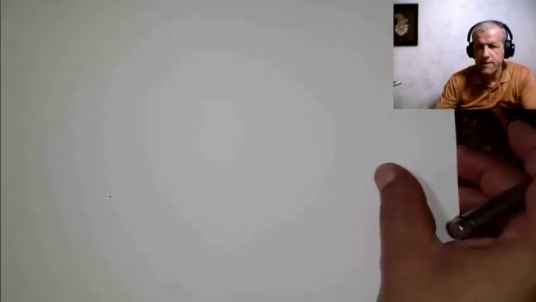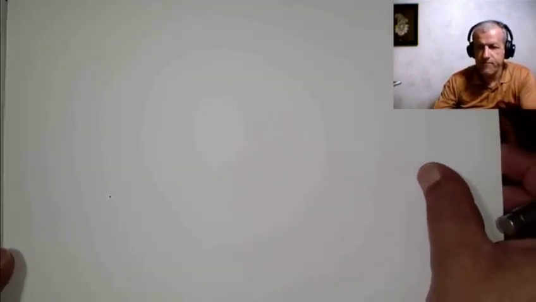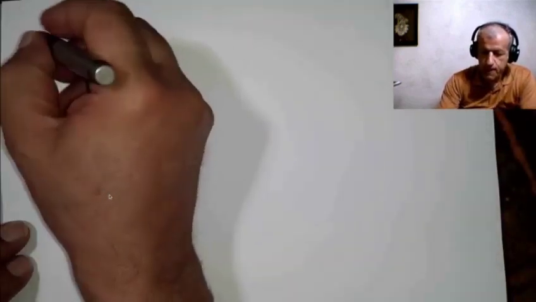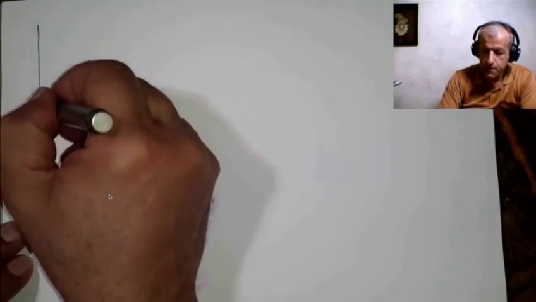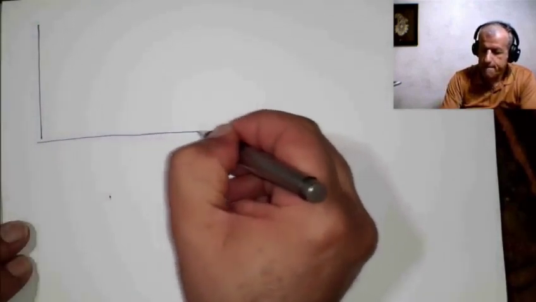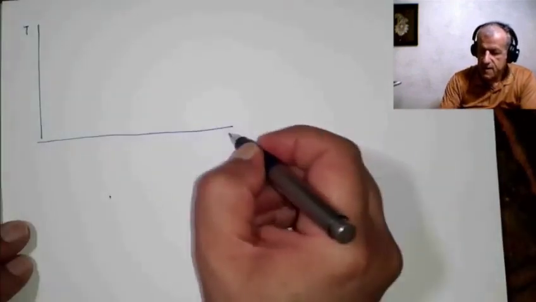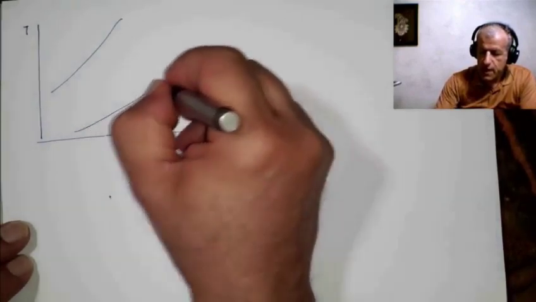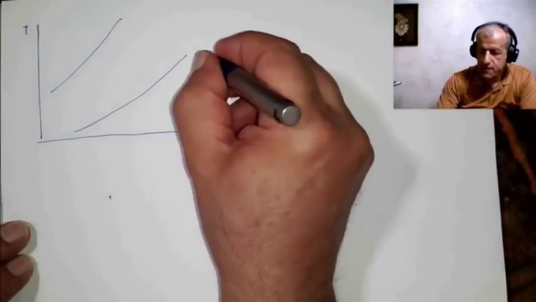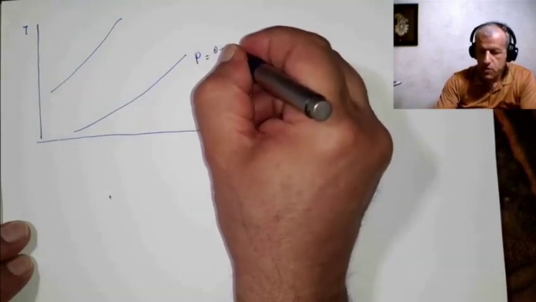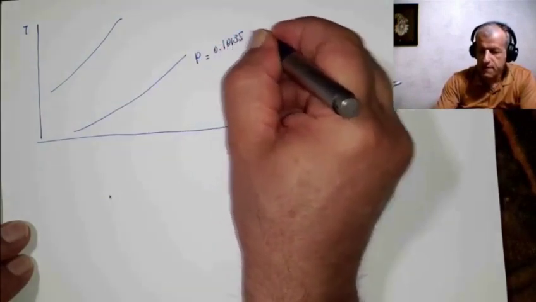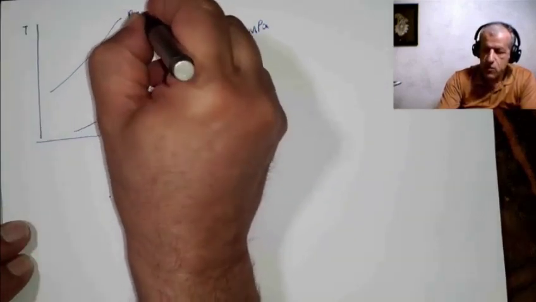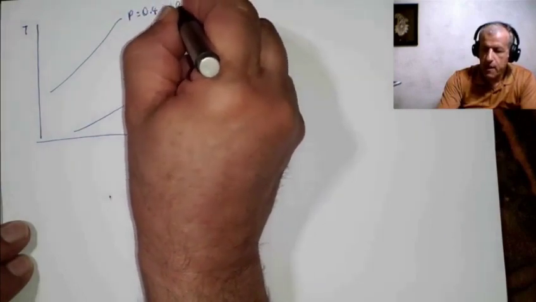Our diagram is a TV diagram, which is this one, and the constant pressure lines would look like this. This is P equals 0.10135 megapascals, and this is P equals 0.4 megapascals.